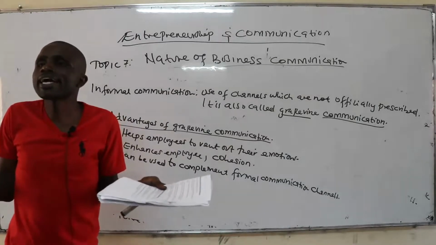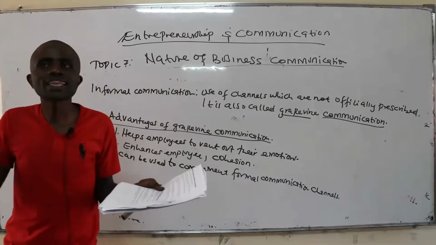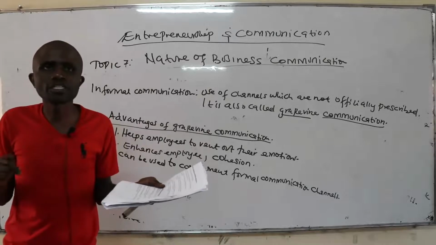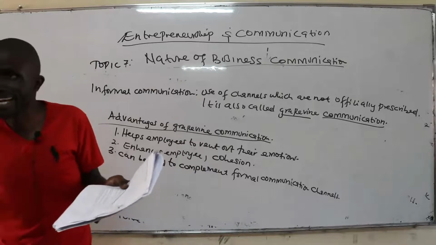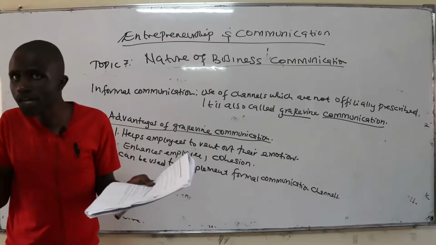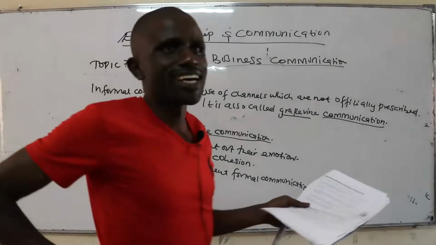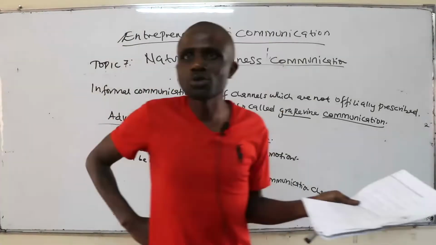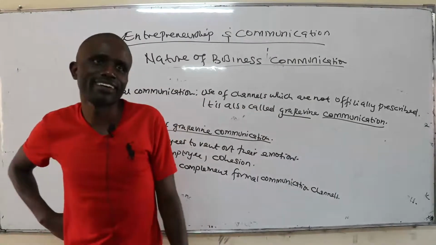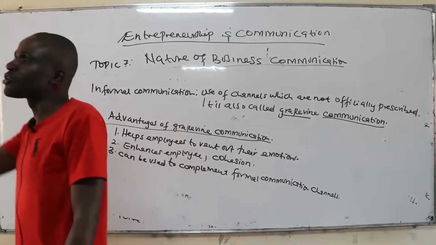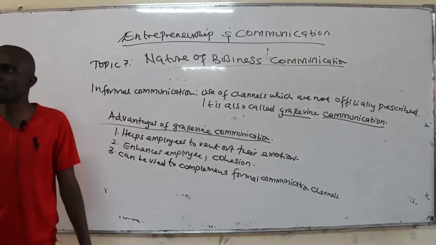Then I can use one of the people to give me information on what they are saying. One of the employees comes to my office and tells me what they are saying. So I'm able to collect the employees' complaints through the grapevine. There's that one person who has courage and will go to the boss and tell him. He collects that information from other employees and comes and gives it to you.